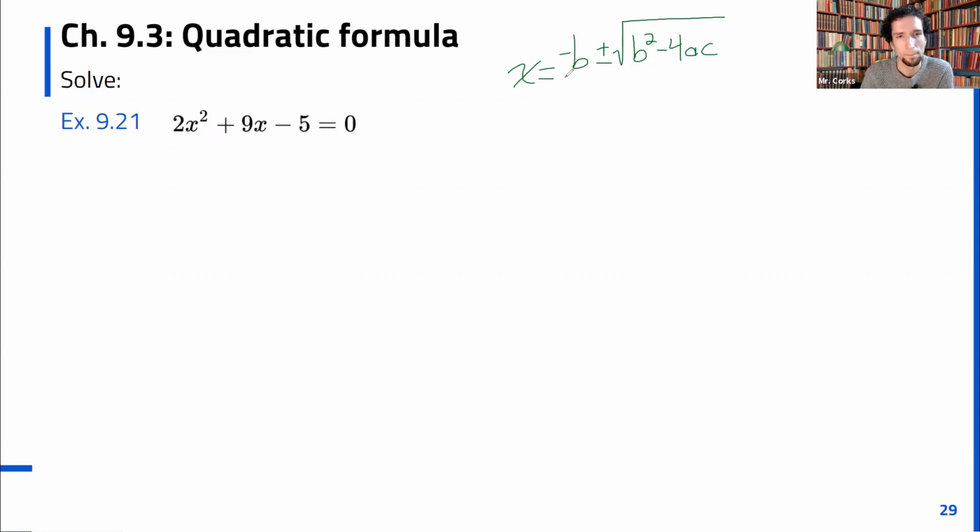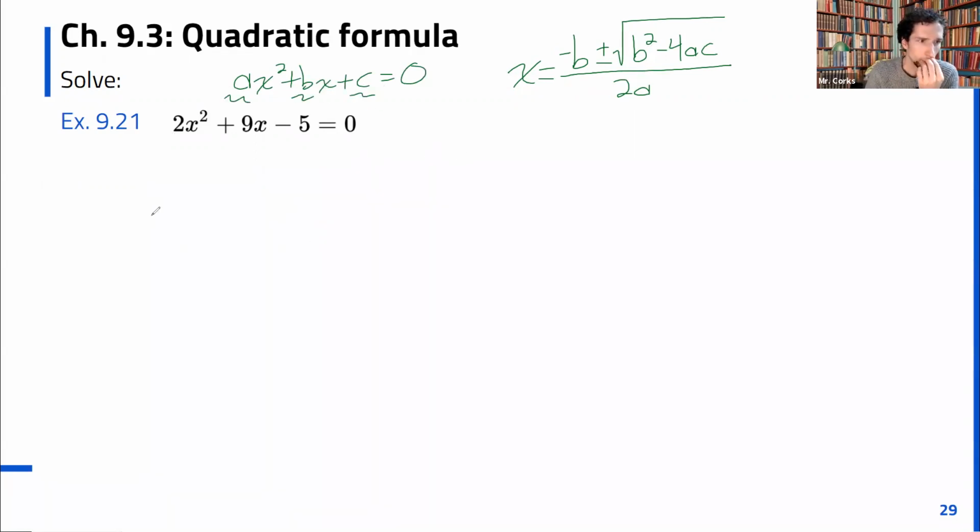We're not done. Divided by 2a. So remember ax squared plus bx plus c. That's how we know which part goes where.